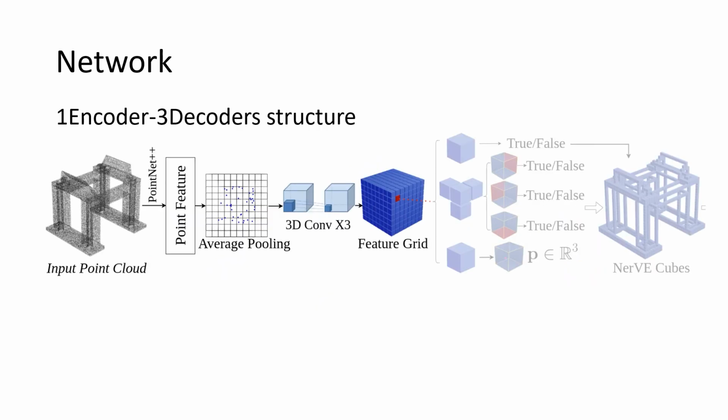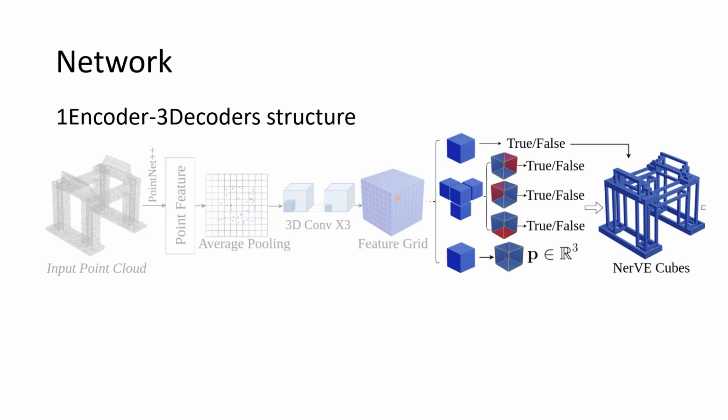We adopt 1 encoder and 3 decoders for NerVE learning. In the encoder part, pointwise features are extracted by a dense version of PointNet++. Then we apply average pooling and transform the pointwise features to cubewise features in the cube grid so that we can then use 3D convolution. Finally, we obtain a feature grid, with each cell having a feature vector.